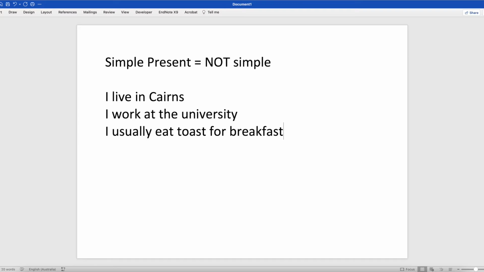And so starting with these kinds of sentences, the book then progresses into the present continuous, such as I'm living in Cairns. I'm working, let me just correct that typo.